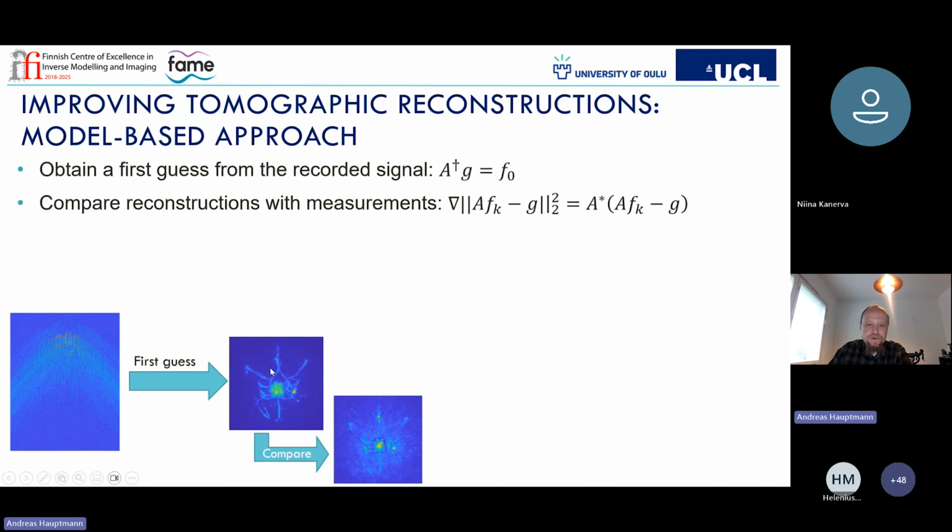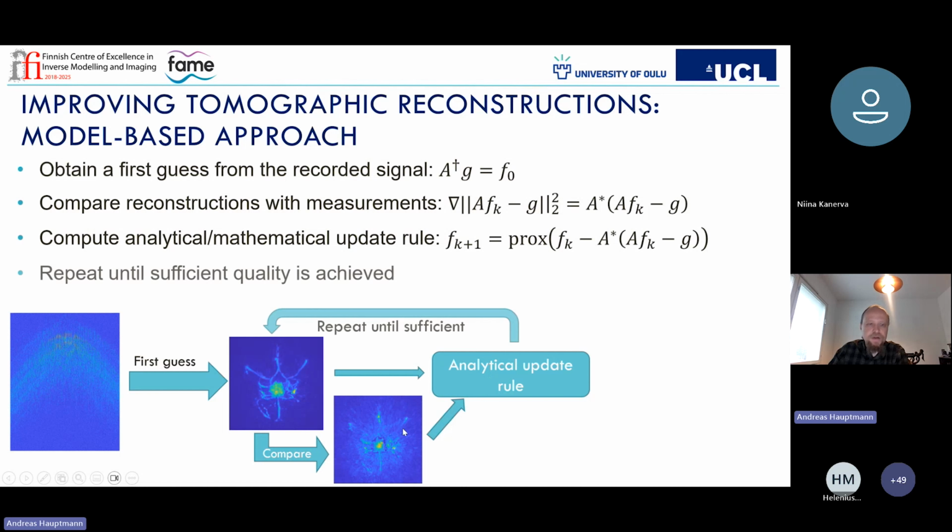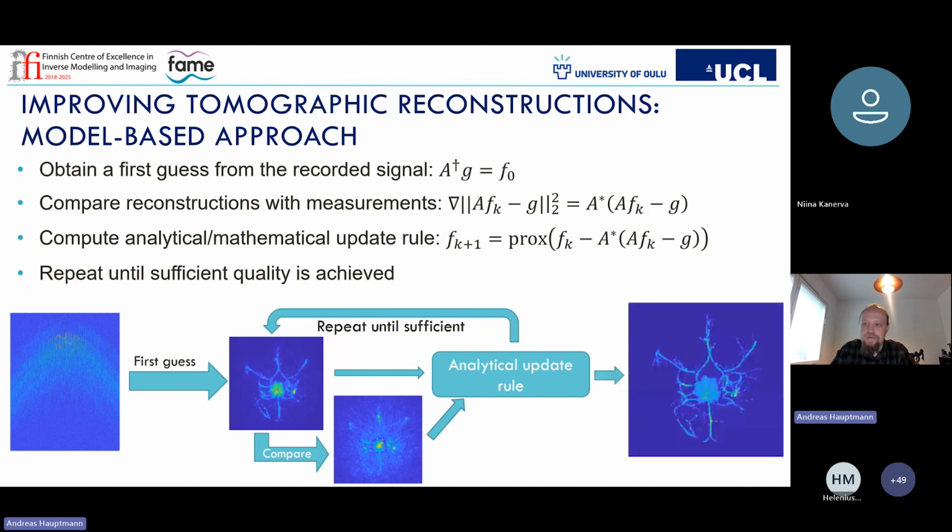So then we have these two, and we combine them by some analytical update rule, for instance, by using a proximal gradient descent scheme. Then we keep repeating this many, many times until some convergence criterion is reached. And at the end, we usually get very nice images.